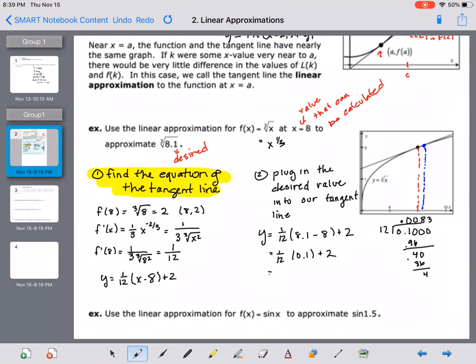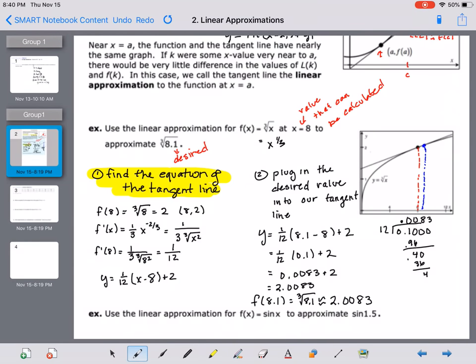So I know that 1/12 of 0.1 is 0.0083, plus 2, which gives us 2.0083, which means our f of 8.1, which is the cubed root of 8.1, is approximately 2.0083.